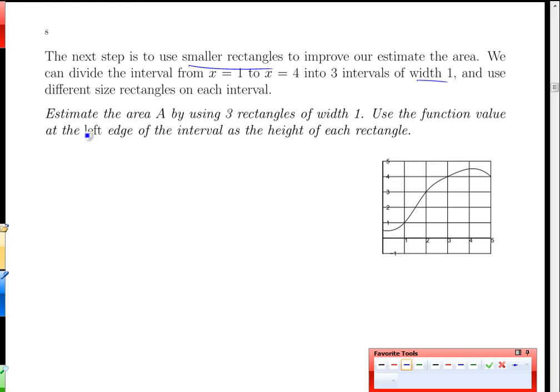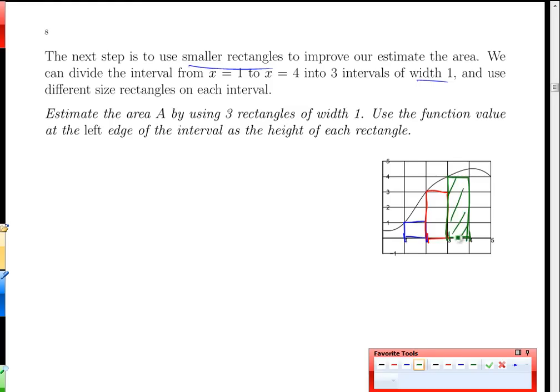All right, what I'm going to do then here is break this into a blue, a red, and a green rectangle here. And what I'll do is go up on the left side of each interval and make a rectangle like so. The red one will start at the left and go up to the graph like so. And green, same thing.